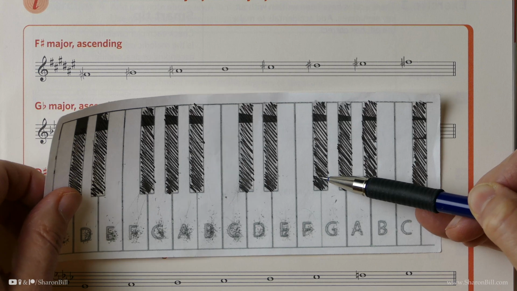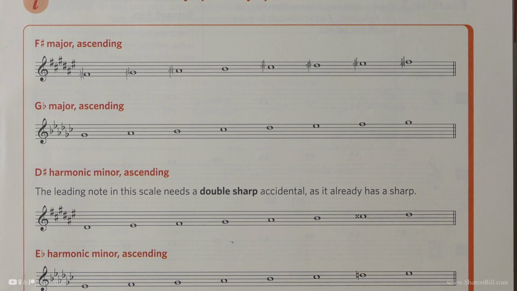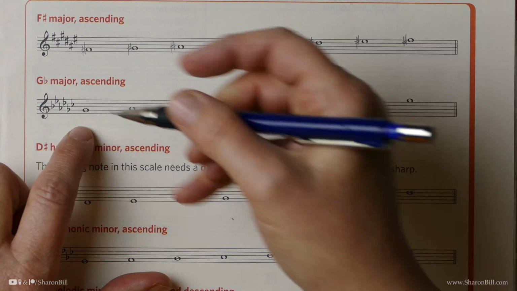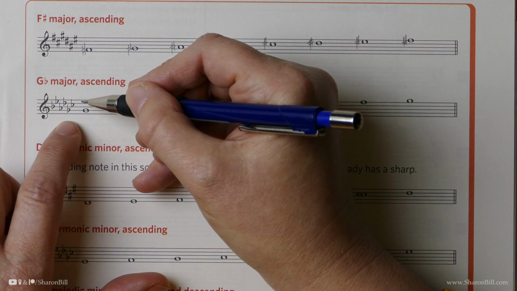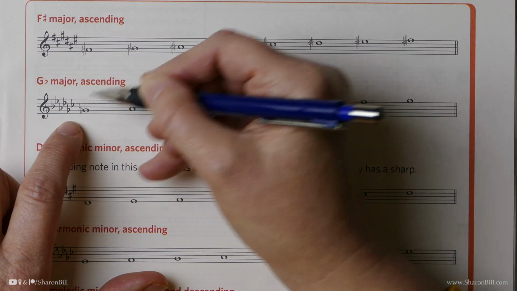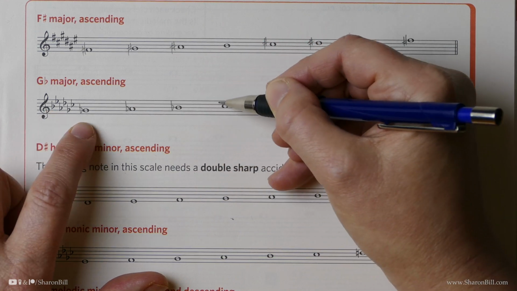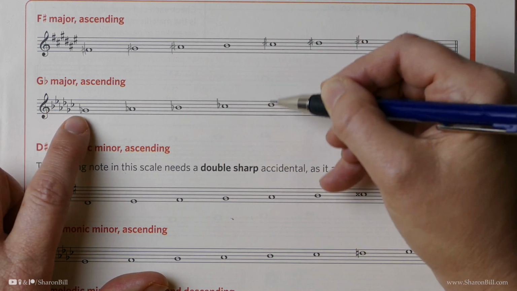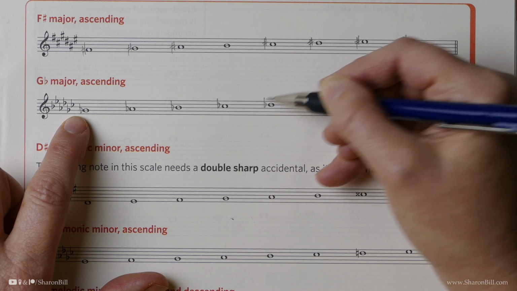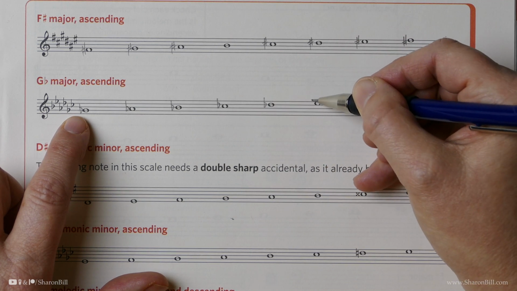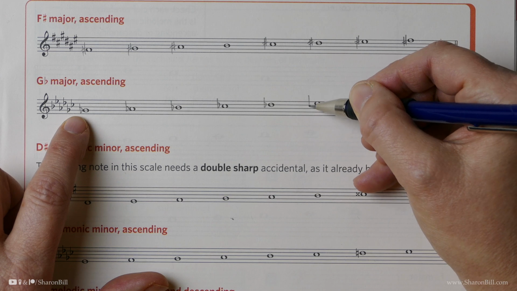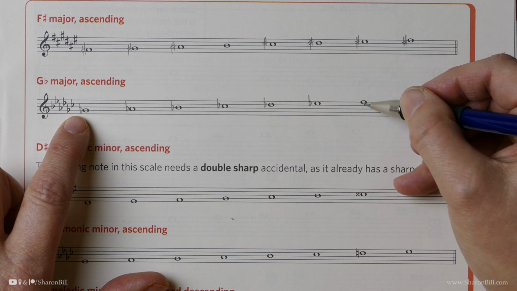Now let's look at that in flat. It will be exactly the same, but written in flats. So we have G flat, A flat, B flat, C flat, D flat, E flat, F is the natural.